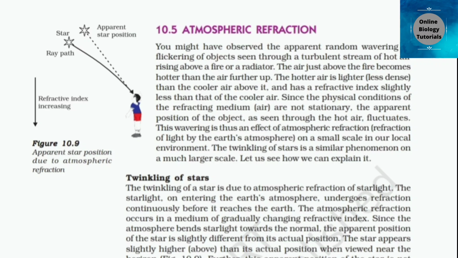Twinkling of stars. The twinkling of a star is due to atmospheric refraction of starlight. The starlight, on entering the Earth's atmosphere, undergoes refraction continuously before it reaches the Earth. The atmospheric refraction occurs in a medium of gradually changing refractive index. Since the atmosphere bends starlight towards the normal, the apparent position of the star is slightly different from its actual position.